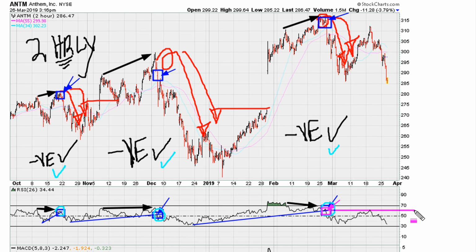And we can see here perfect rejection, which corresponds with this intraday high before the recent pullback. So this is consistent with some of the things that we follow in terms of how to read the charts.